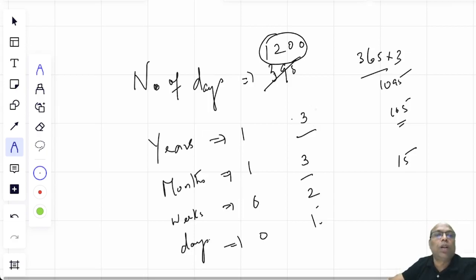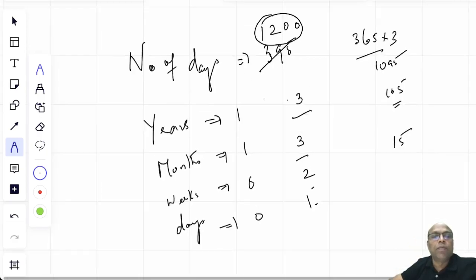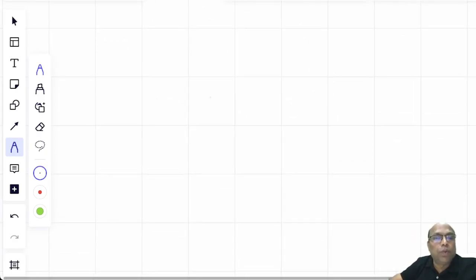Let us see. I have been given number of days is 1200. Remember, for this problem I cannot use a float because I will be finding the remaining days. I need to know how many years are there.